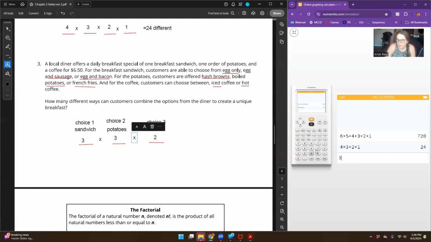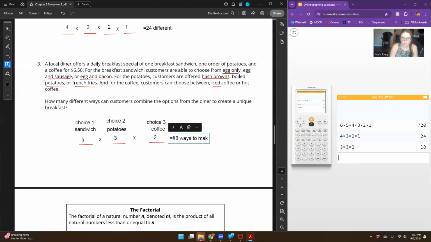So I go over here and do 3 times 3 times 2, and that equals 18. What are we looking at? 18 ways to make a breakfast special. So there's 18 different combinations of ways that you can make a breakfast special for this $6.50.